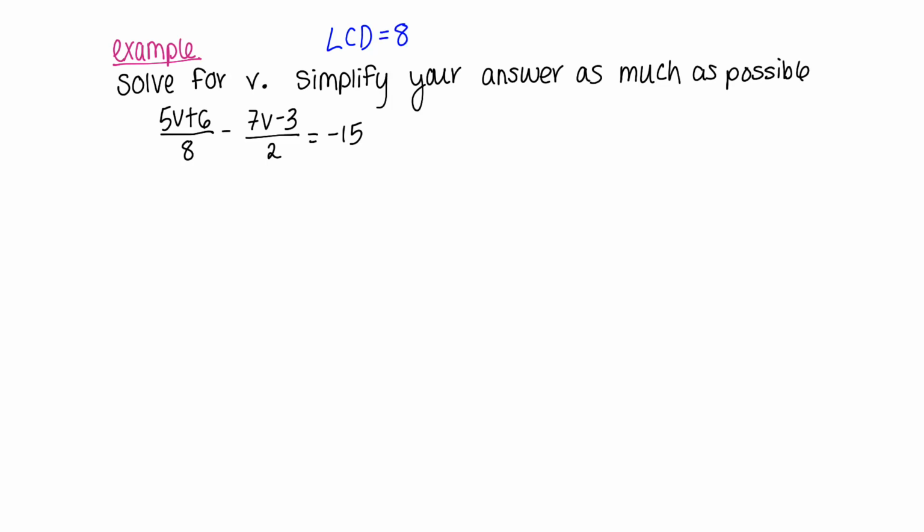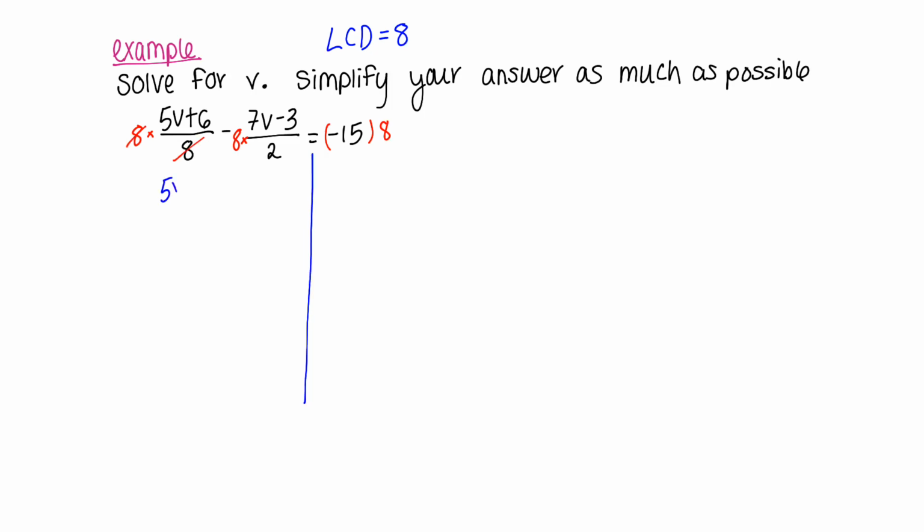And if you're having trouble remembering about LCDs, you can definitely look this topic up in Alex, and we have a video for that. So I think maybe what I'll do, since I know it's going to be distributed anyway, I'm just going to write that 8 in there. Now I can do 8 divided by 8 is 1, so these really just cancel.